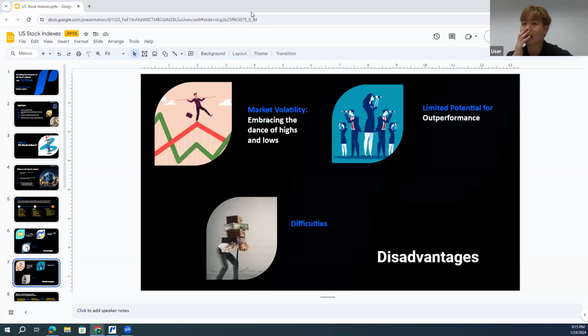But the US equity market is not likely to experience a sudden 10% surge. A company's stock may suddenly spike 10% or 20%, but for the US equity index, 5% is already very good. So the disadvantage of investing in a stock index is that it limits your potential outperformance.